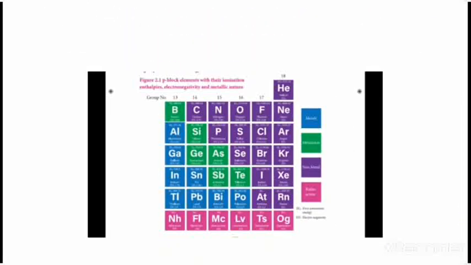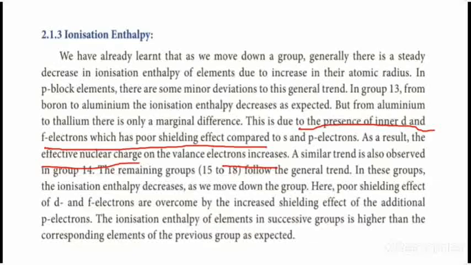This is because of the presence of d and f orbitals, they are having poor shielding effect, so the electron cannot be easily removed. This is because of the poor shielding effect of the d and f electrons.